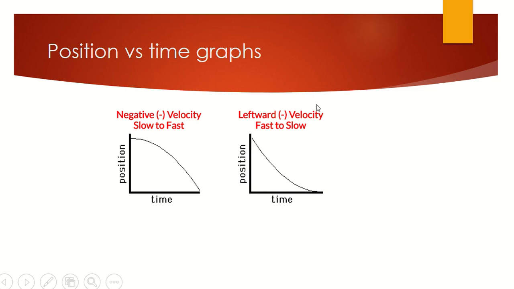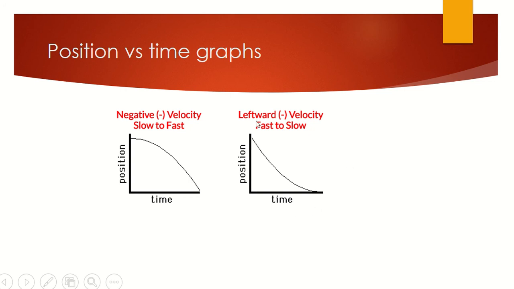Now on this diagram, this representation of position versus time, again it's negative velocity, but what's happening to the displacement? It's actually getting slower until it is coming to a stop. So this is an example of an object that has negative velocity, so it's moving to the left, but it's slowing down, which means that it must be accelerating in the opposite direction.